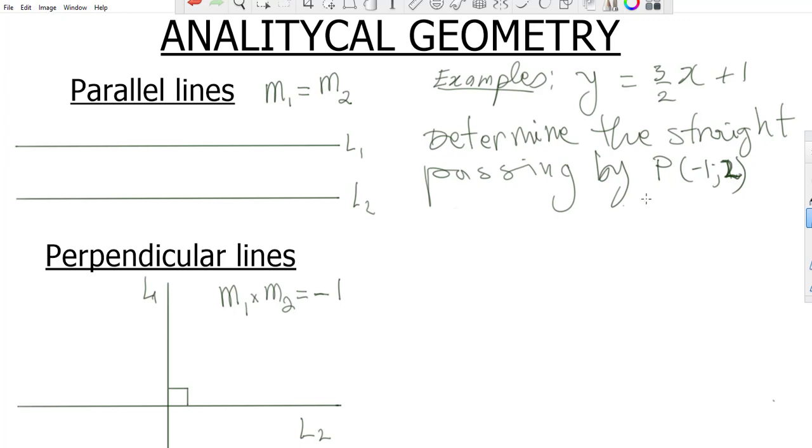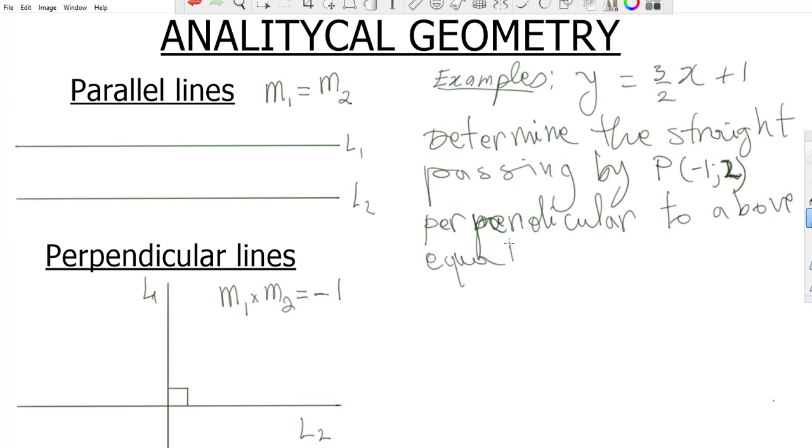Now this is the equation. They say determine the equation of a straight line passing through the point, perpendicular to the above equation, or the above equation of a straight line.